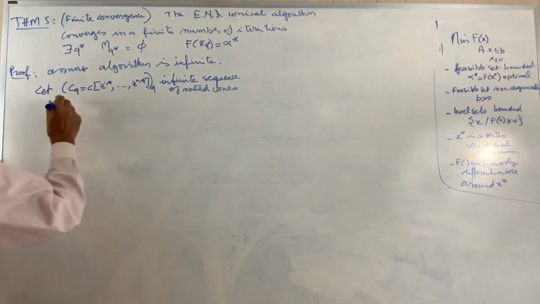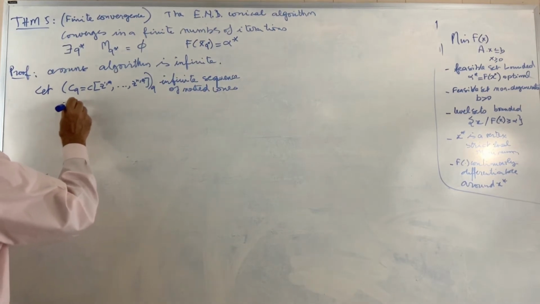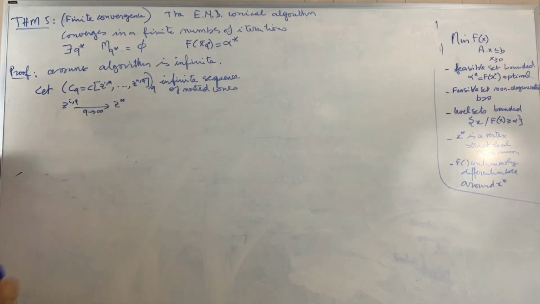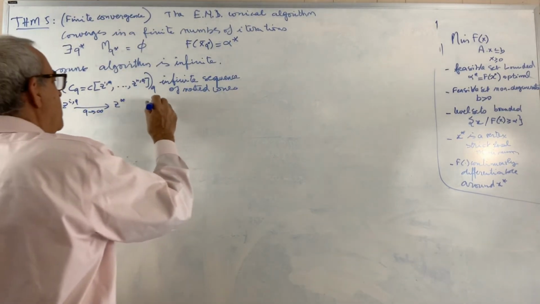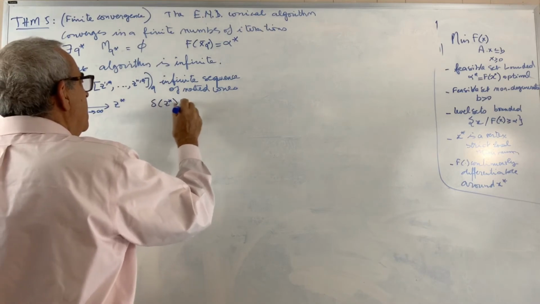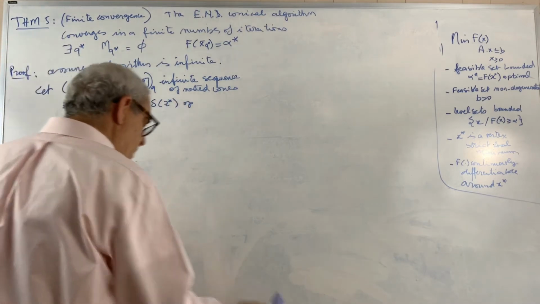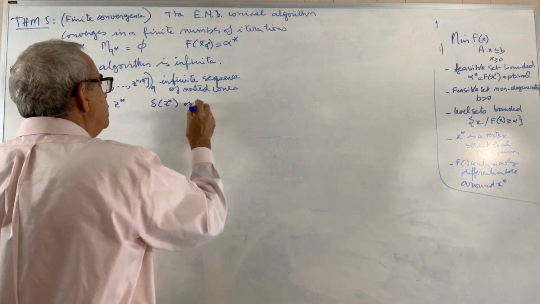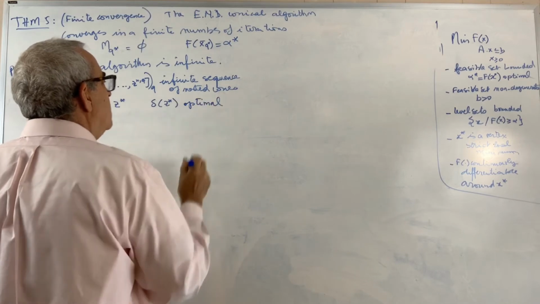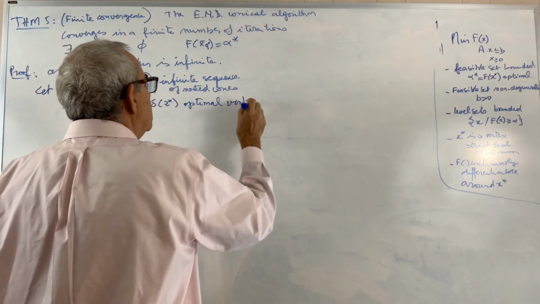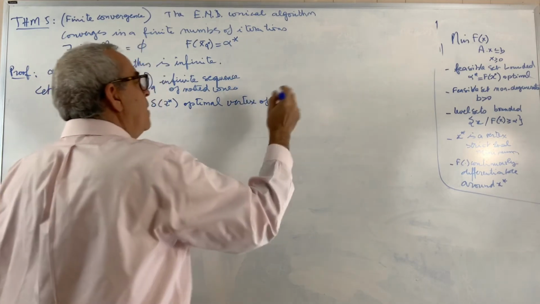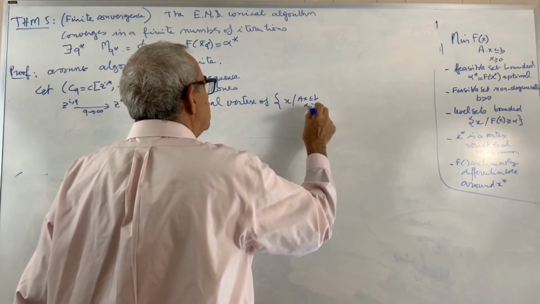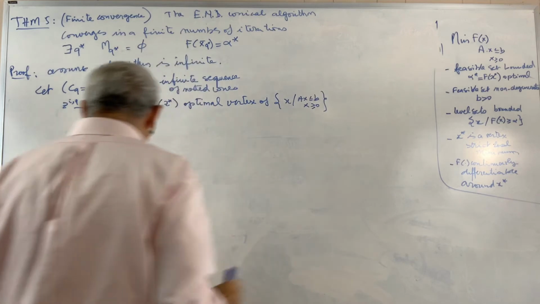So in here, we have ZIQ converging to some Z star, and delta Z star is the optimal, unique optimal vertex of our set, right?